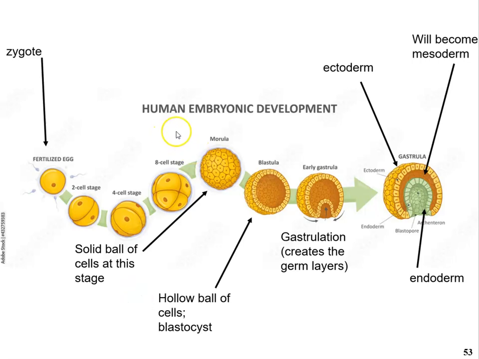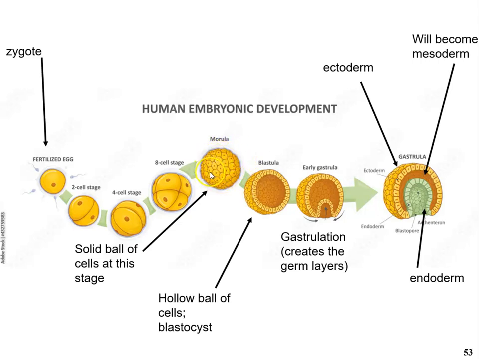Okay, so let's look at the stages of early human embryonic development. So you start off with the fertilized egg. So this is going to be called a zygote. And the zygote goes on to multiple cellular divisions until it forms a solid ball of cells, in which case it's called a morula.